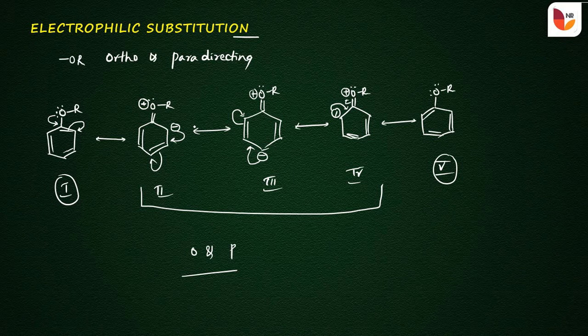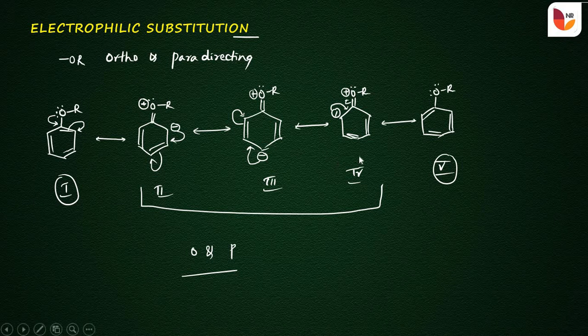That is, the electrophile prefers to attack only at the ortho and para positions, but not at the meta positions, because the electron cloud is more only at the ortho and para positions. Hence, the electrophile preferably attaches at the ortho and para positions.